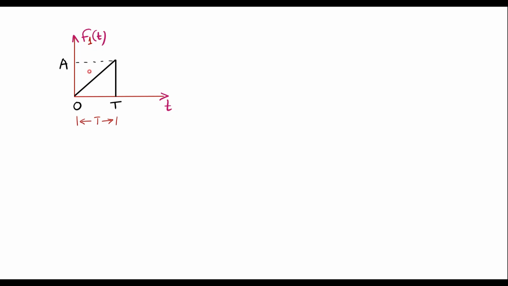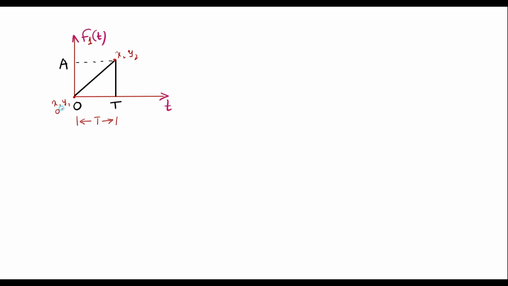When we observe this signal, we can see that first there exists a ramp signal. When there is a ramp signal, we need to find its slope. Let me calculate the slope. At this point the coordinates are x1, y1, and at this point the coordinates are x2, y2.